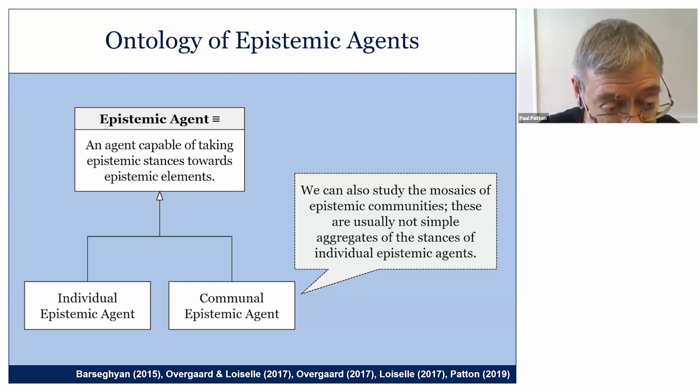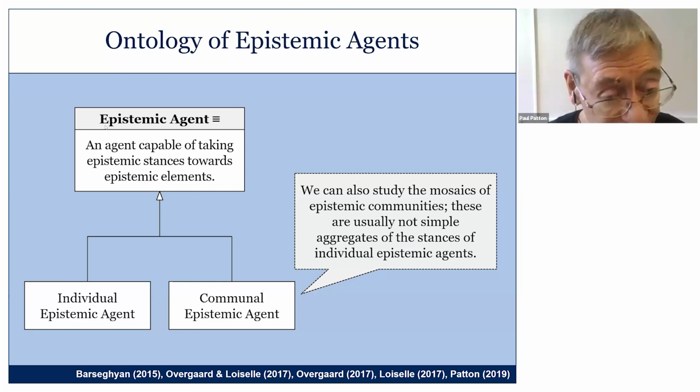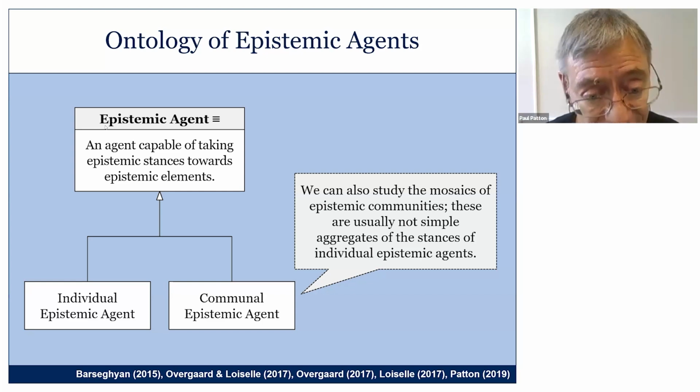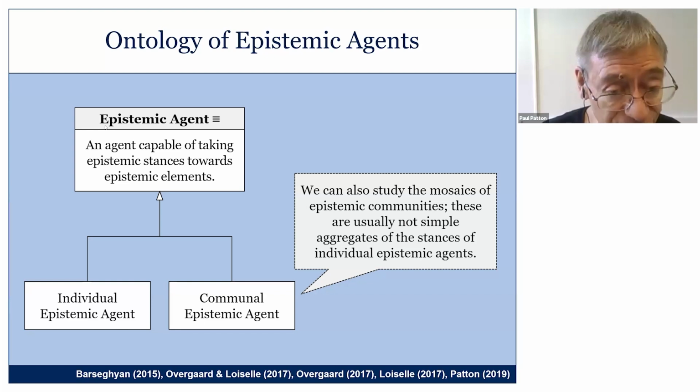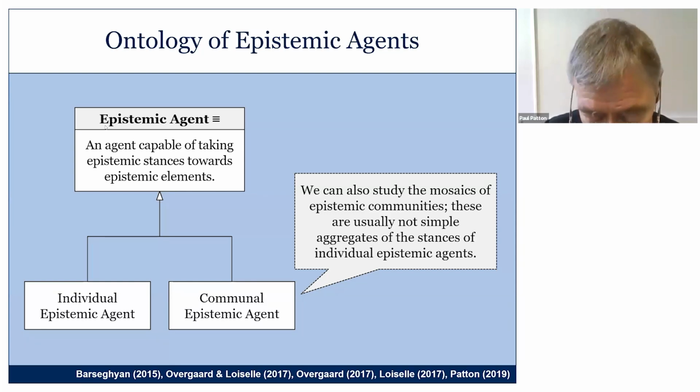This is what William Wimsatt would call a composed system, and a composed system has emergent properties. And so we think that the stances taken by a communal epistemic agent are an emergent property with respect to the individuals that make it up.